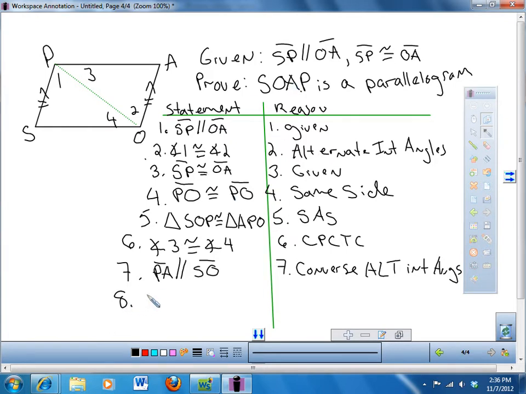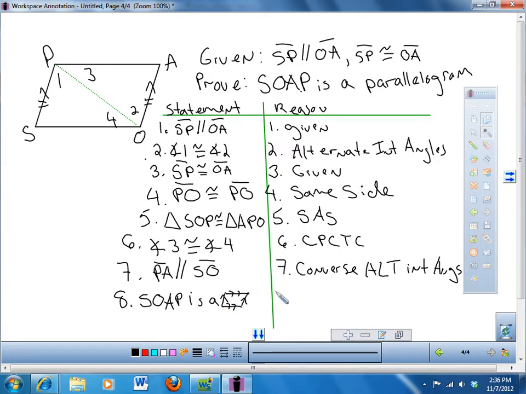Nice. So SOAP is a, I'm going to just draw a picture, a parallelogram. They drew little arrows.